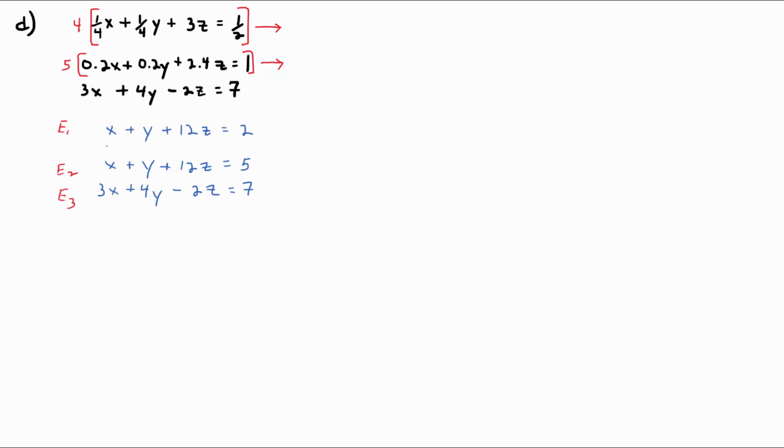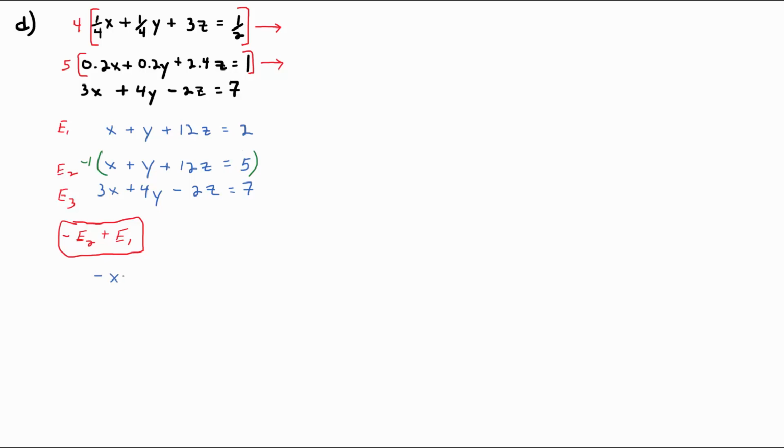If I eliminate the x's, okay, here's one way I can represent it. I can multiply E2 by a -1, or just write it as negative E2, and then add it to E1. So symbolically, that's what I'm doing. And I'm going to multiply this guy, that's E2, by -1. That just makes all the signs opposite.